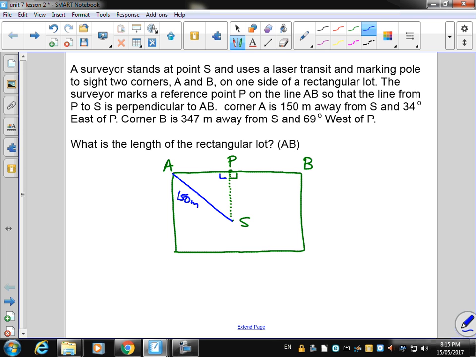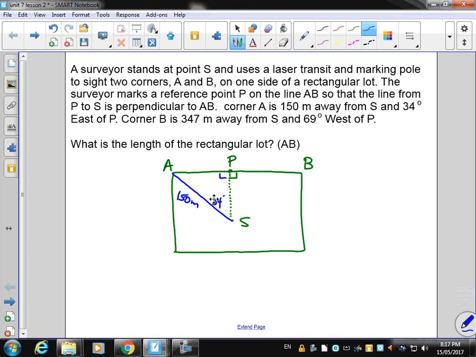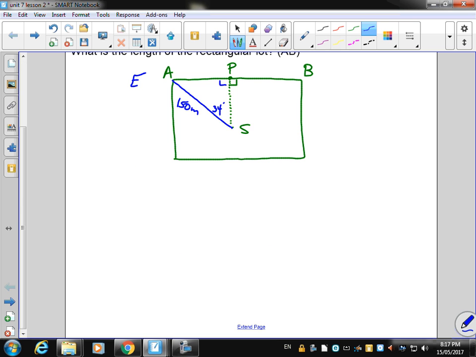And 34 degrees east of P. Okay, so I got my east and my west backwards because I didn't read that part quickly. So corner A is 150 meters away from S and 34 degrees east. So 34 degrees if this were east over here. Okay, I'm going to draw a better diagram.